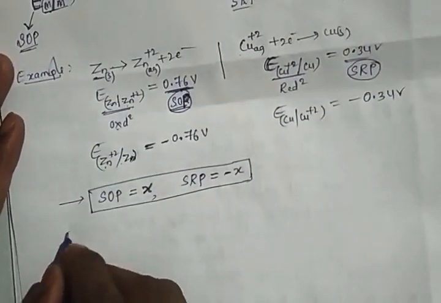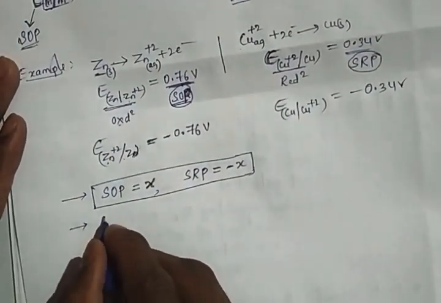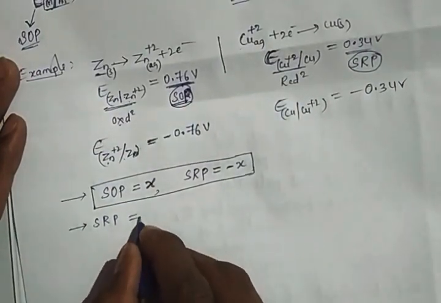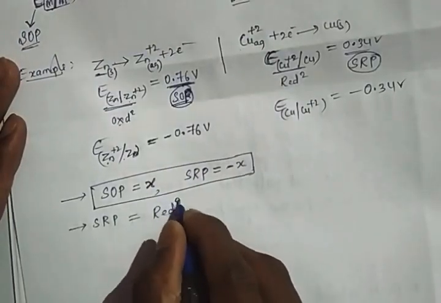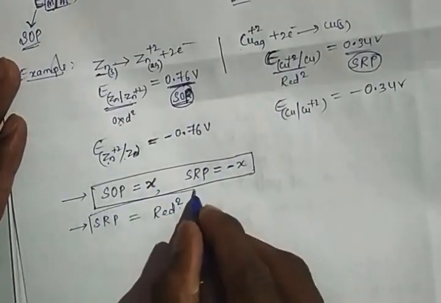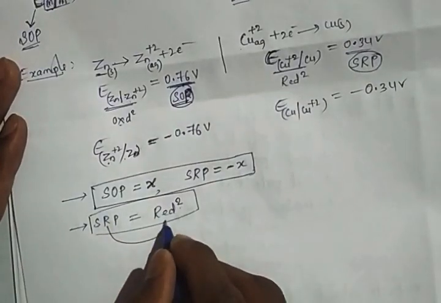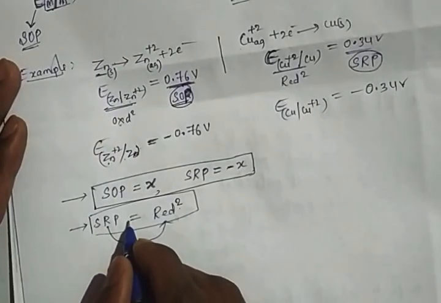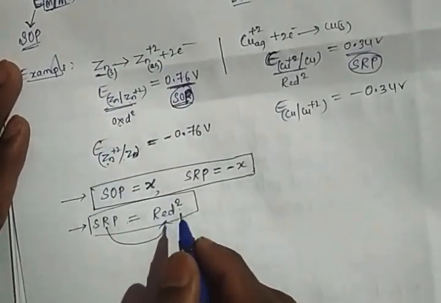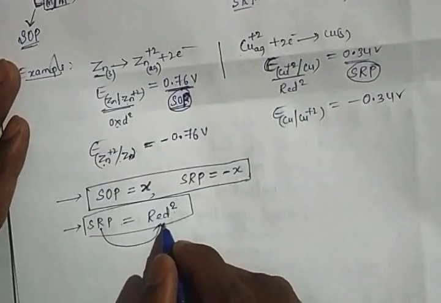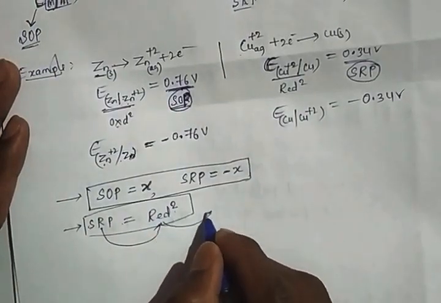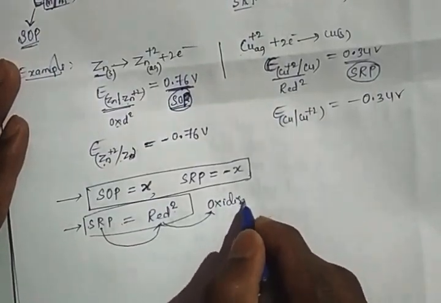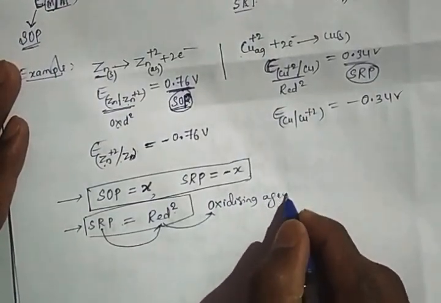And along with that, you can remember one more point. Higher the SRP value, the substance undergoes a reduction reaction. Higher the SRP, the higher the tendency to undergo reduction. And as you know, the substance which undergoes reduction is called an oxidizing agent.